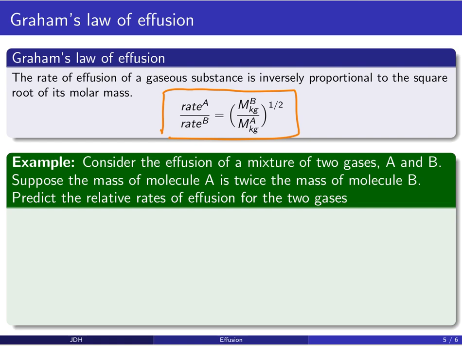Let's consider the effusion of a mixture of two gases. We'll again look at A and B. Now we're going to suppose that the mass of molecule A is twice the mass of molecule B. In other words, the mass of A is 2 times the mass of B. What we want to do is now predict the relationship between rate of A and rate of B. We don't know this.